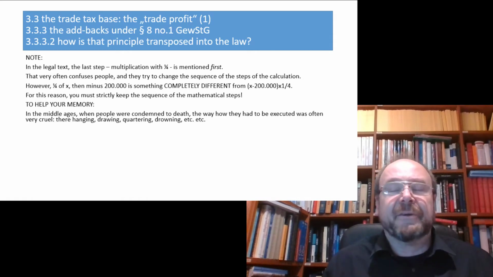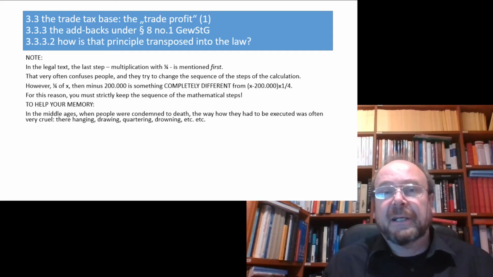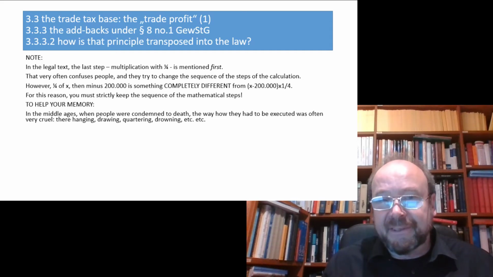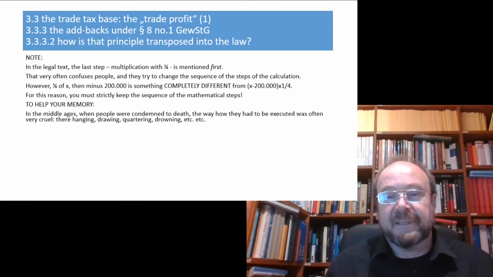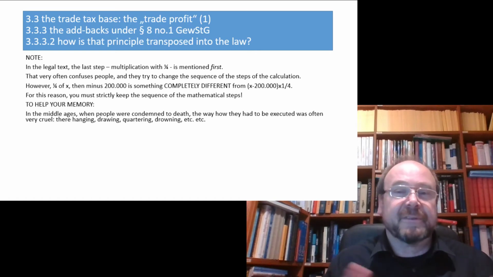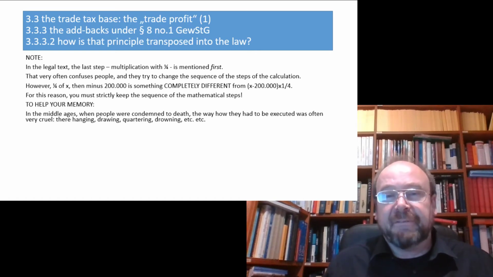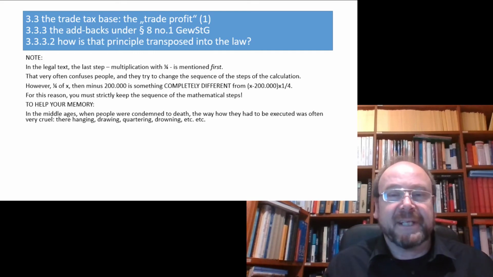You are not allowed to take the 1/4 first. In the Middle Ages, ladies and gentlemen, people were often treated not nicely. Very often you were condemned to death. Naturally, everyone only once, usually, at least successfully. But the trick was, as everybody was easily killed for slightest offenses, people developed then a tendency to make things more cruel.